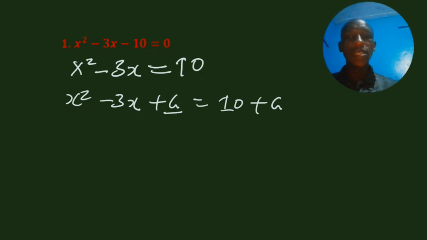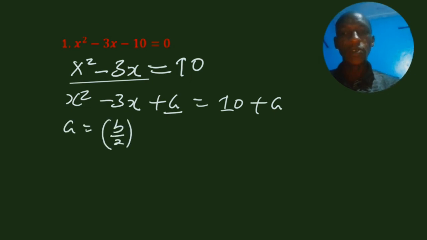We are going to complete this side because we can see that this side is now incomplete. And whatever we do on the left side, we also do on the right side. Remember, we have just said that when the coefficient of x squared is 1, then c is equal to b all over 2 squared. That is the guiding rule for solving by the completing the square method.